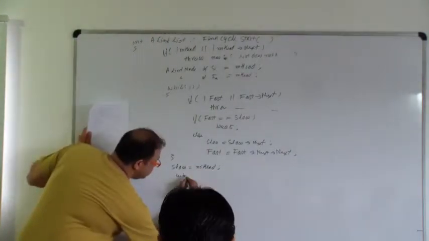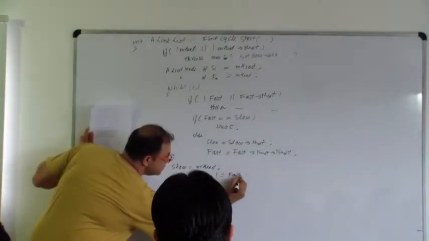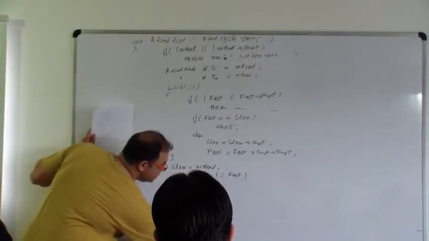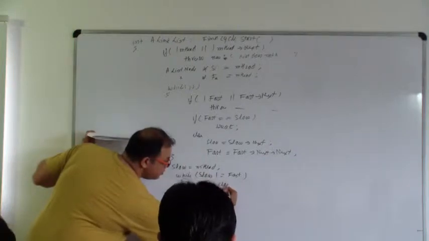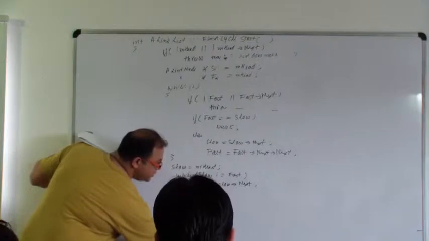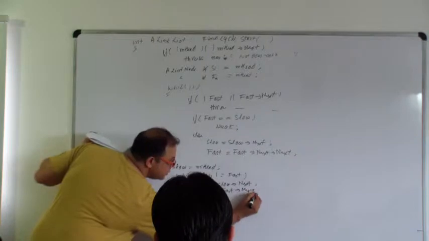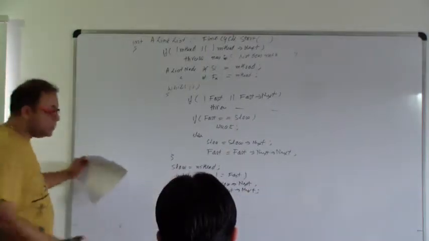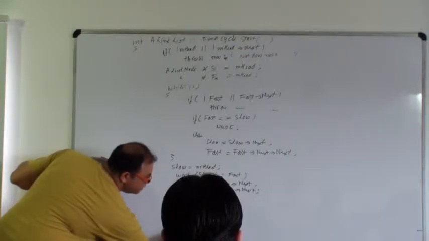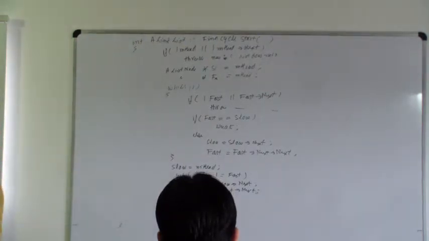And while slow is not equal to fast, what we will do is, you guys can tell me what to do, slow is equal to slow arrow next, fast is equal to fast arrow next, and when this comes out, we will just return slow or fast, whatever, fast arrow data. Okay? Everybody understands this?